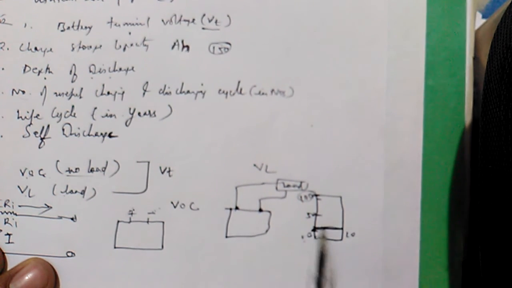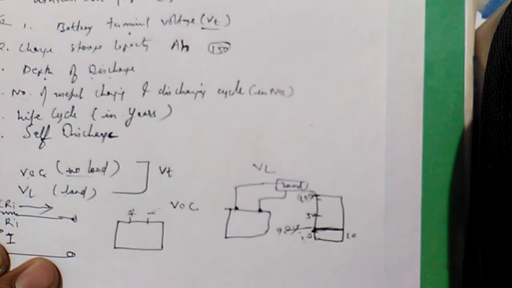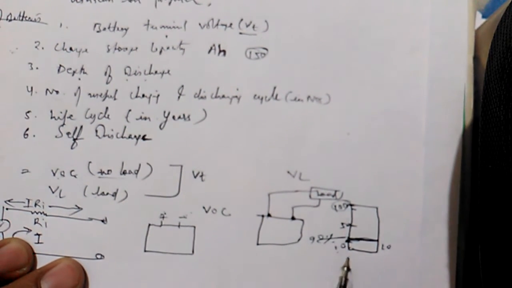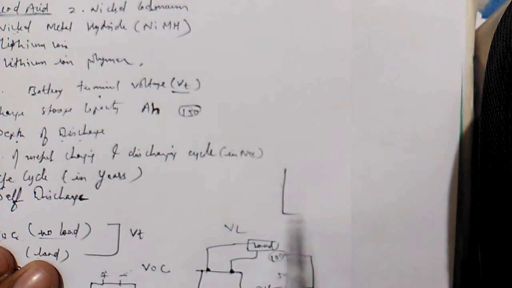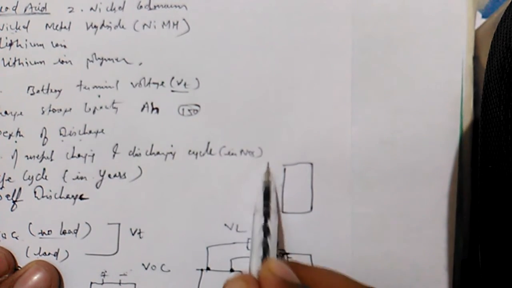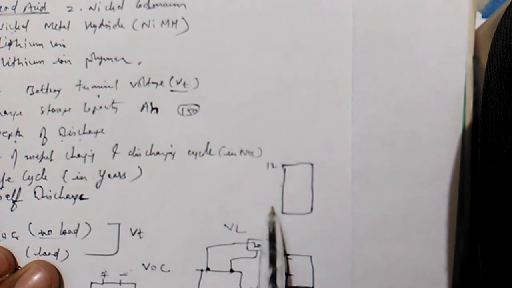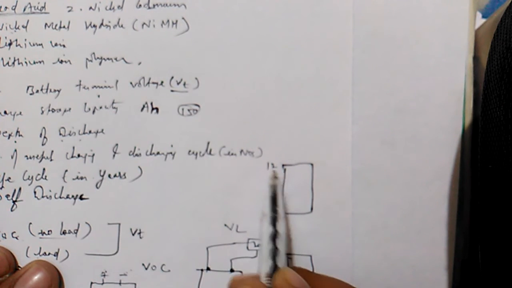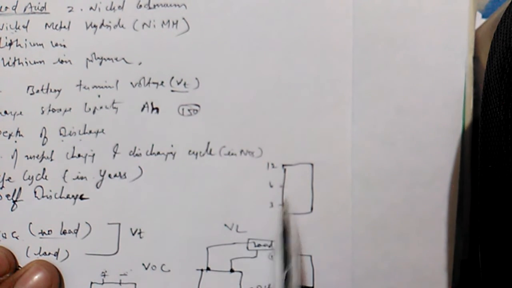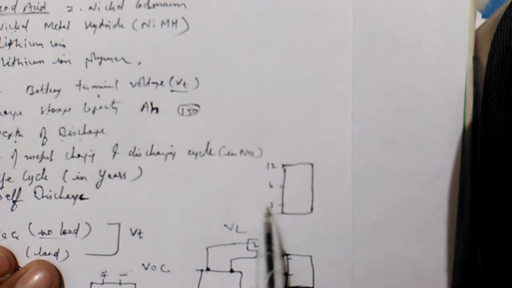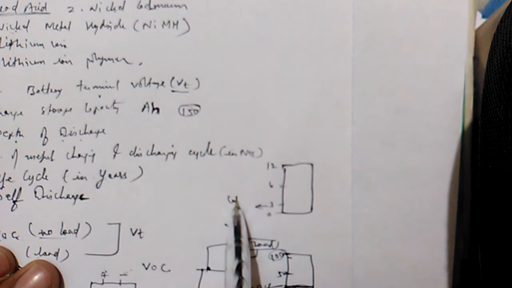So depth of discharge should be like this. I will give an example: this is full 12 volts, this is 6 volts, this is 3 volts, and this is 0 volts. So the cutoff voltage is this.